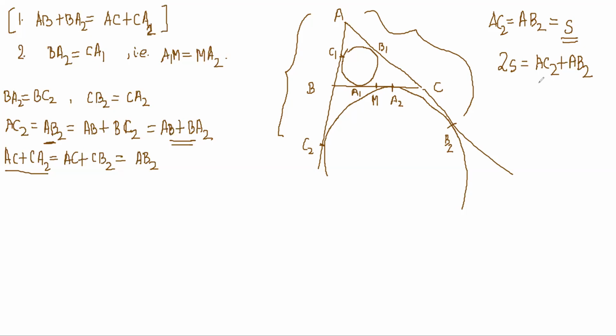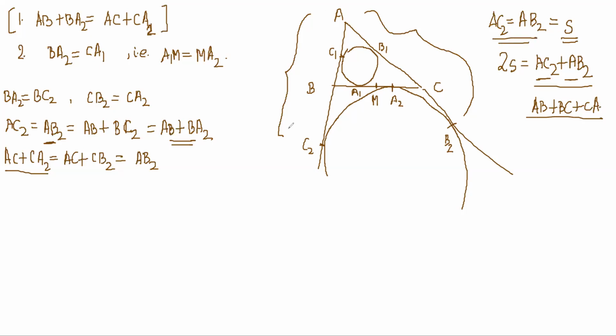If you do this plus this, AC2 plus AB2, it is AC plus AB plus BC. This thing is equal to AB plus BC plus CA. So 2S is equal to the perimeter.